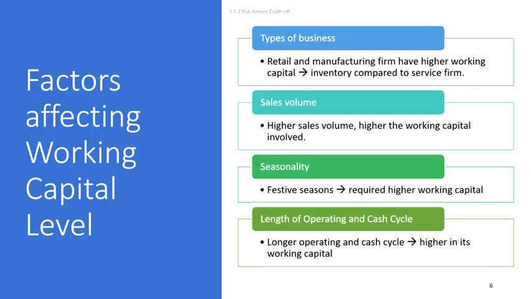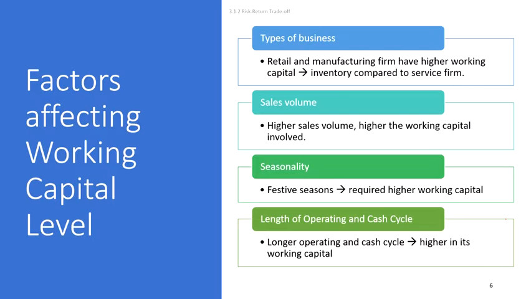Type of business, retail and manufacturing firm have higher working capital as compared to service firm. Kenapa? Why? Because retail manufacturing ni dia ada banyak inventory. Nak dikomparekan dengan service dia tak ada inventory yang banyak. That's why working capital untuk retail manufacturing firm akan jadi higher as compared with other business.